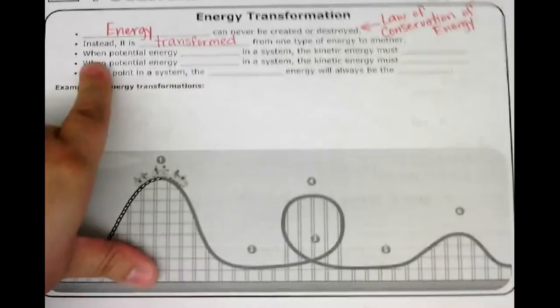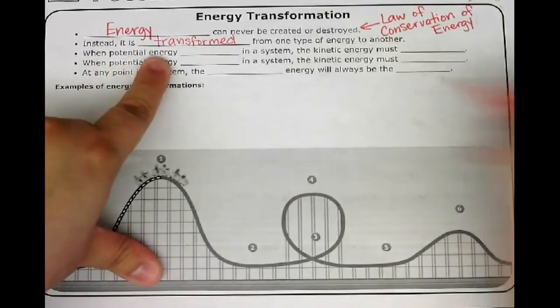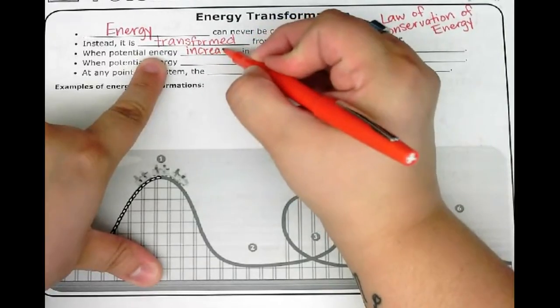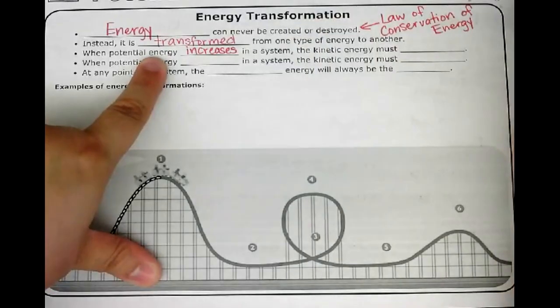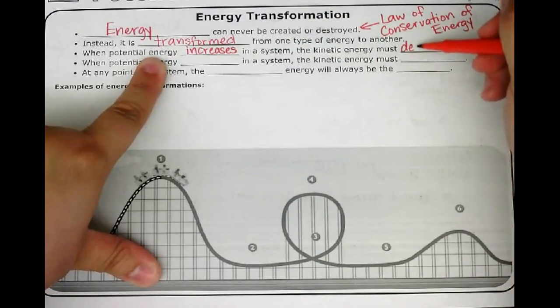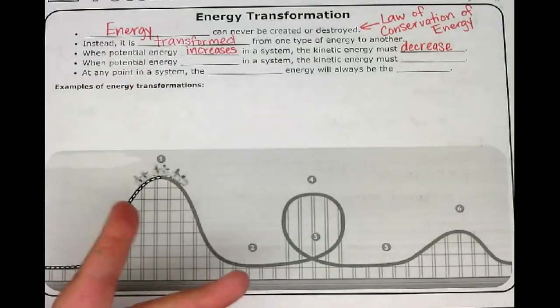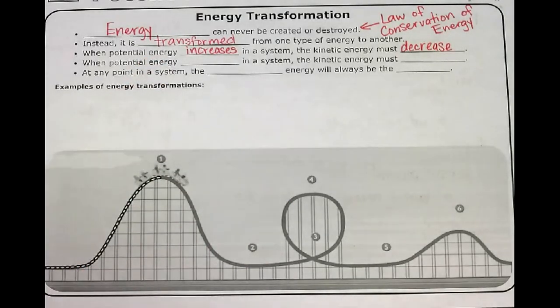Right? So when potential energy increases in a system, the kinetic energy must decrease. They're opposites. In math, you call this inverses, right? Kind of like 2, and the inverse of that would be -2, right?